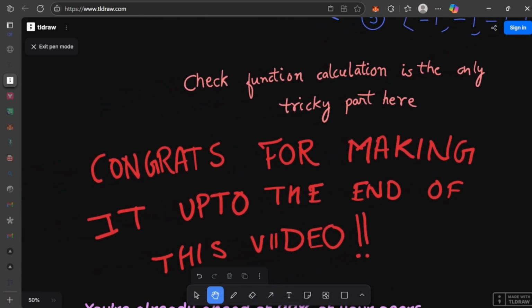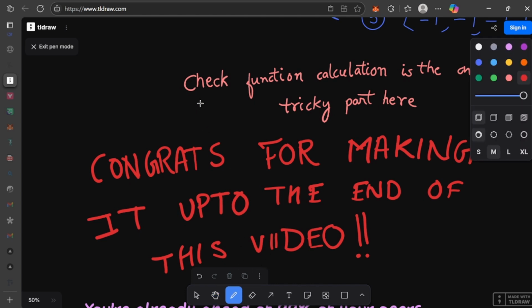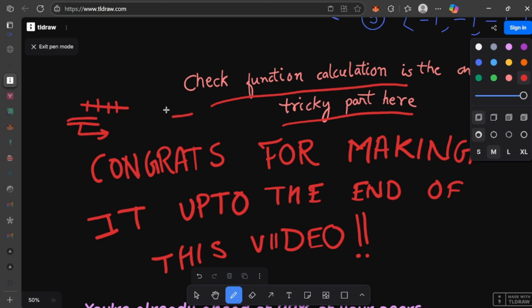Check function calculation is the only tricky part in this problem. Only tricky part. If you stayed calm during the interview, went step by step, showing the proper examples, thinking of the edge cases from those examples, you would arrive here ultimately. The most important part is being calm in the interview.